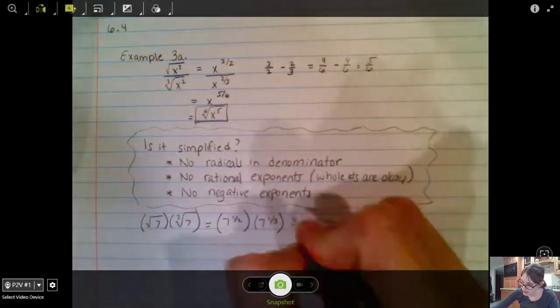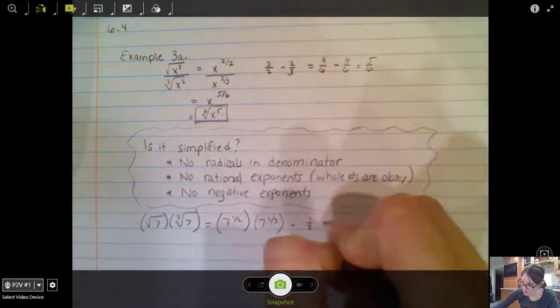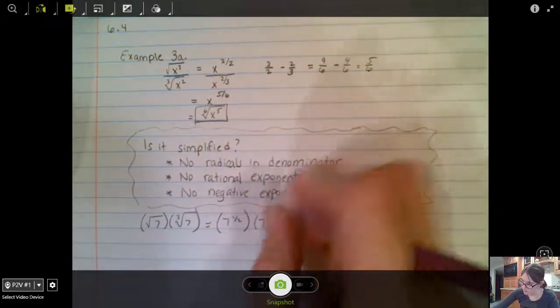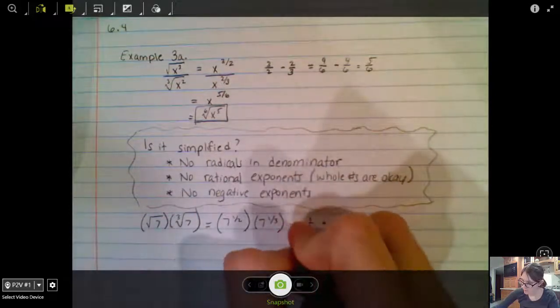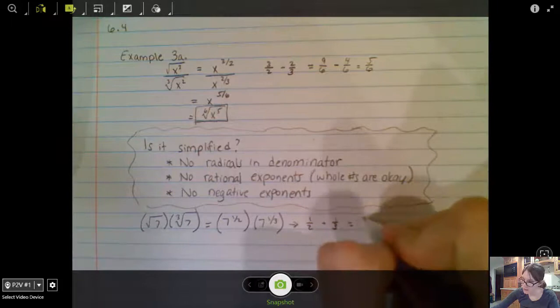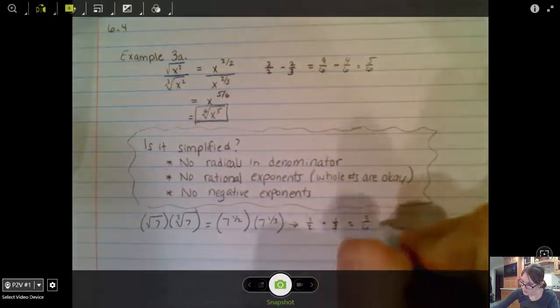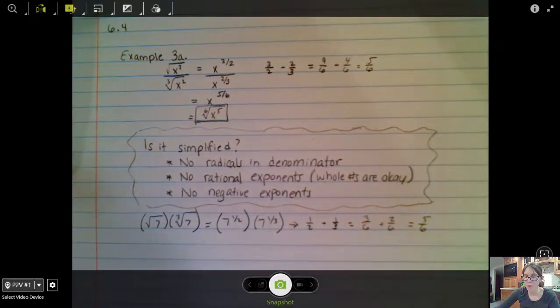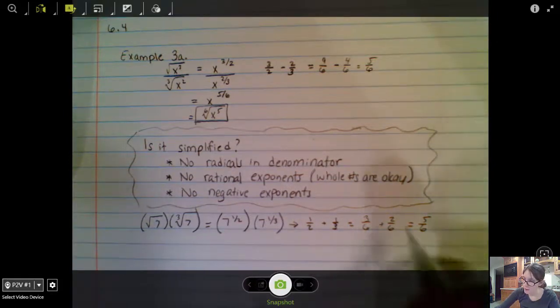So again, fraction work, 1/2 plus 1/3. Get a common denominator of 6. I end up with 5/6 by the time I do my addition here. Okay.